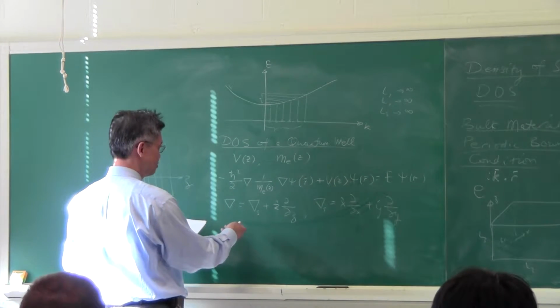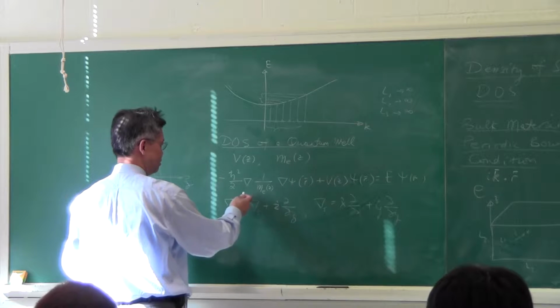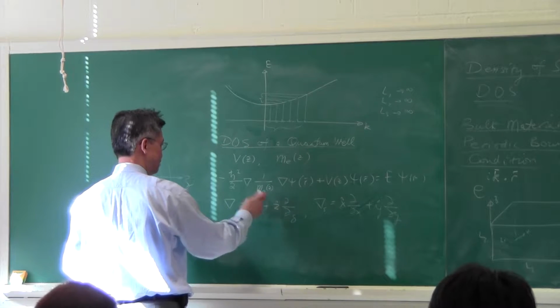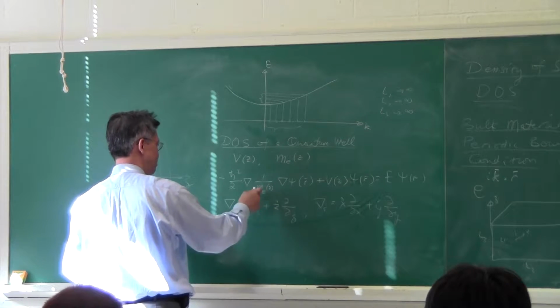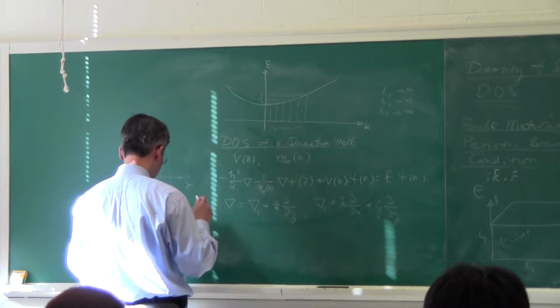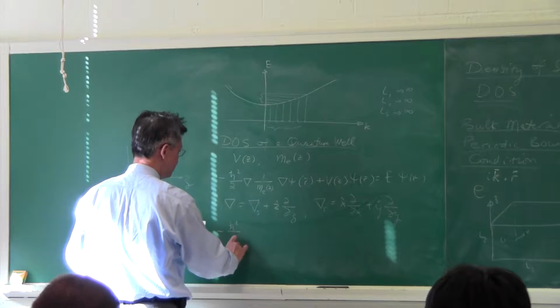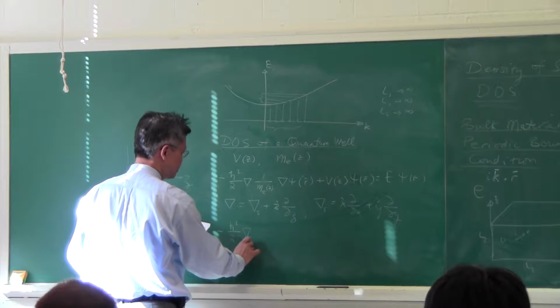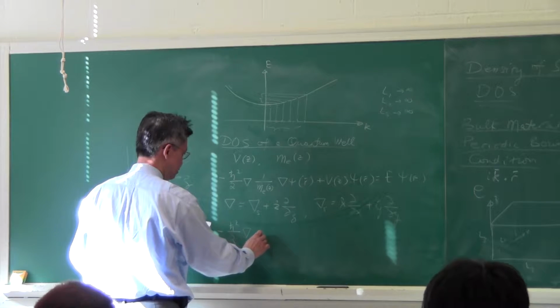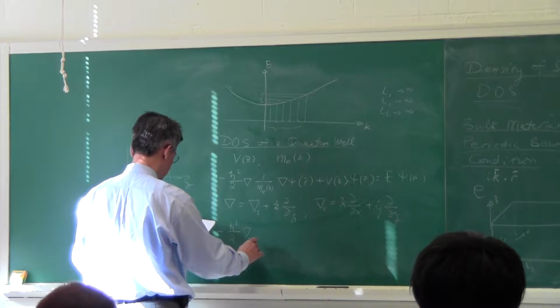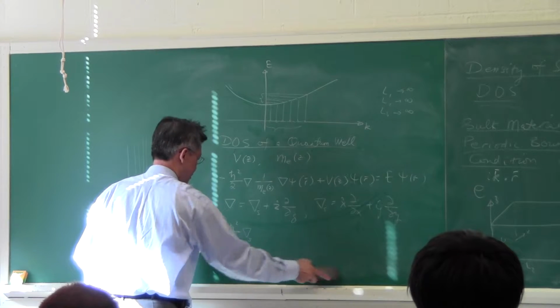So if you do this, then when you substitute into the above, then only the z variable matters with this, and you get two equations. You get an equation that looks something like this: h bar squared over 2. The transverse part of the operator would never operate on the effective mass.